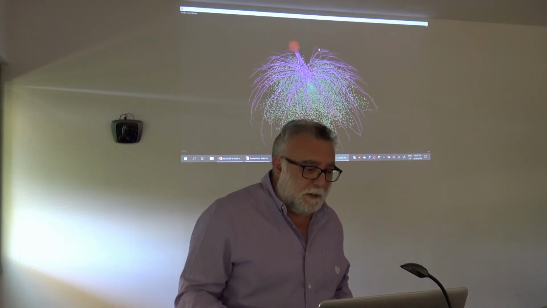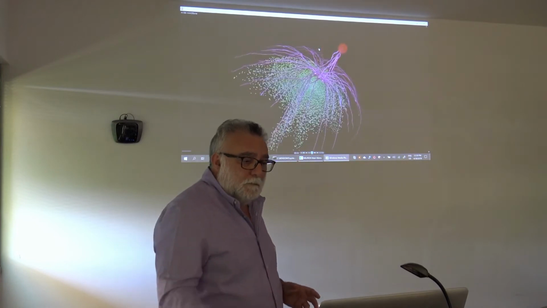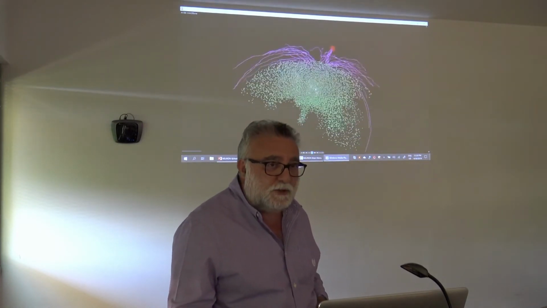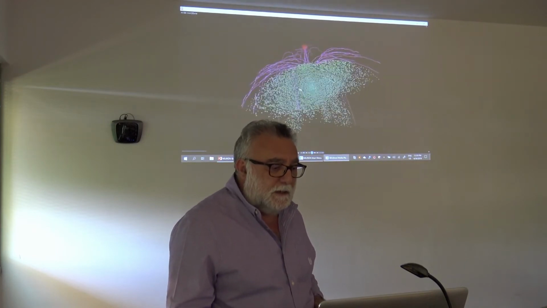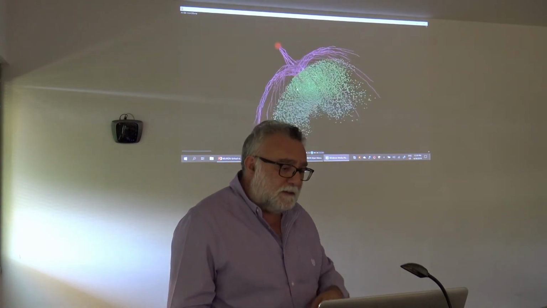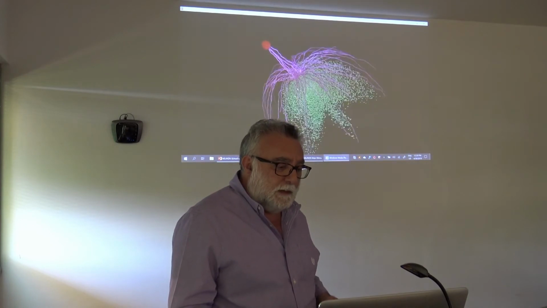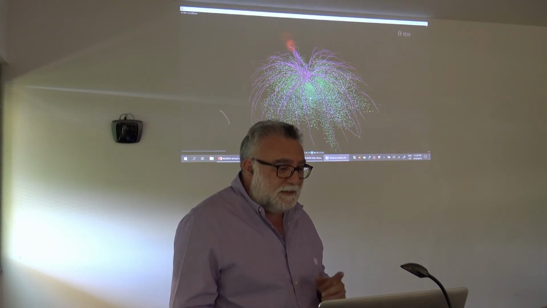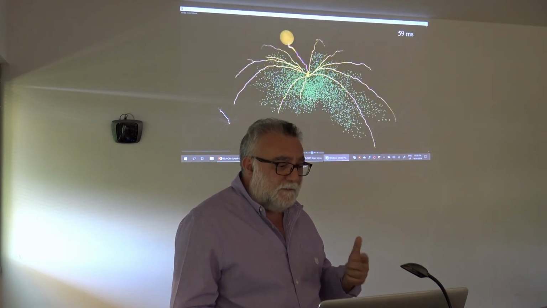So this is a glomerulus. This is the cloud of associated granule cells. Now I'm going to show only one mitral cell to show the activity. And this is a sniff every half second.